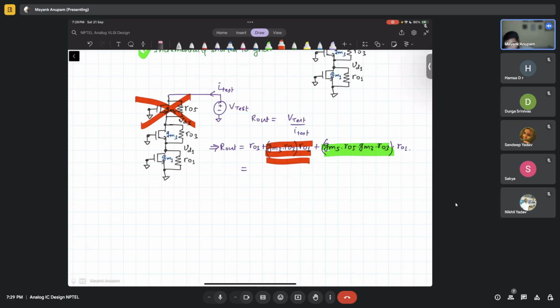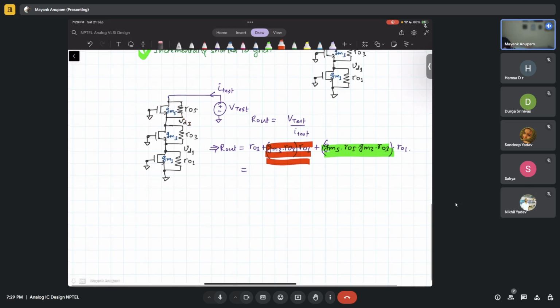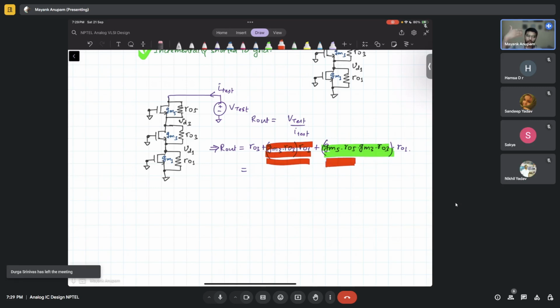But because of the extra MOSFET, GM5, the dominant term is now getting amplified by another factor, which is the intrinsic gain of the uppermost transistor. So in summary, the moment you start stacking the MOSFETs on top of each other, the output resistance is getting amplified by the intrinsic gains of each MOSFET. This is what I'm trying to explain here.